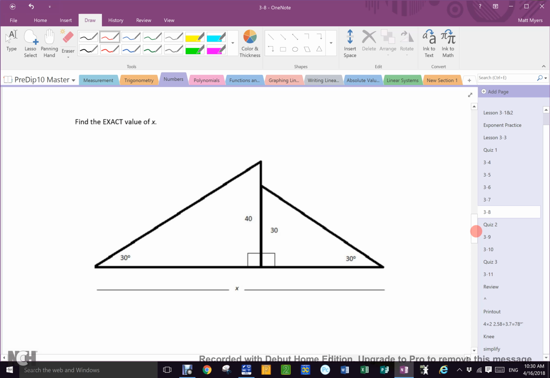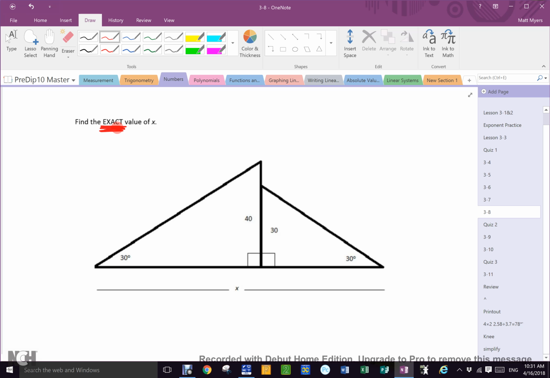Uh-oh. Mr. Myers. A question with variables, a question with trigonometry, a question with adding radicals. Oh my God. Why did I put that in capitals? To stop you from doing what? Simplifying it halfway through the equation.